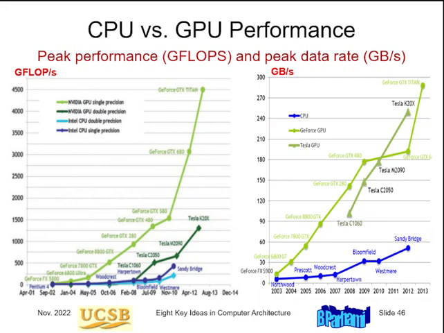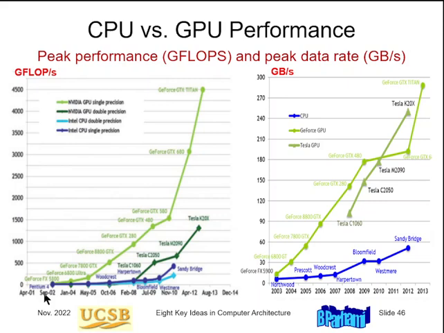So here is a rather old diagram, but it shows you the trend of performance for GPUs in gigaflops compared with CPUs. These blue lines are CPUs: the CPU single precision floating point computation, CPU double precision.